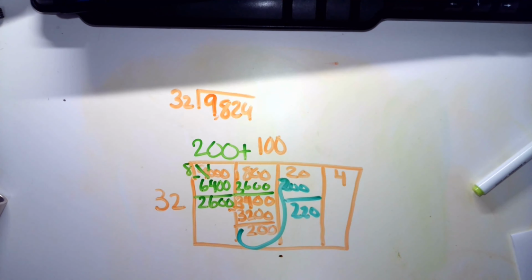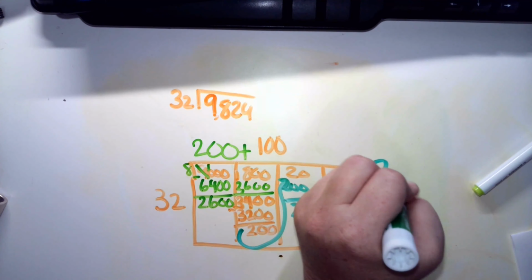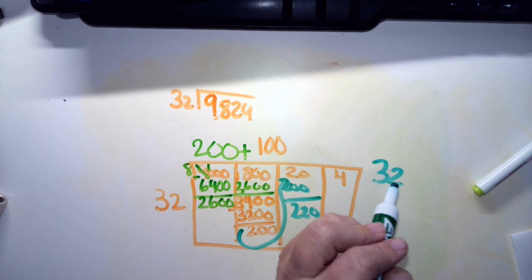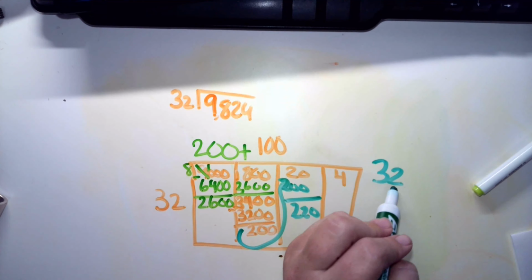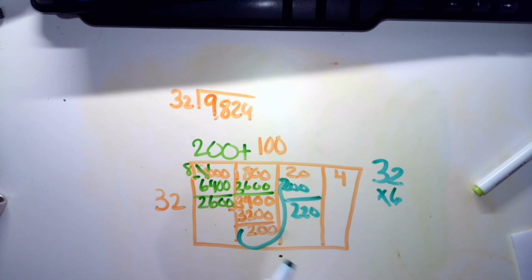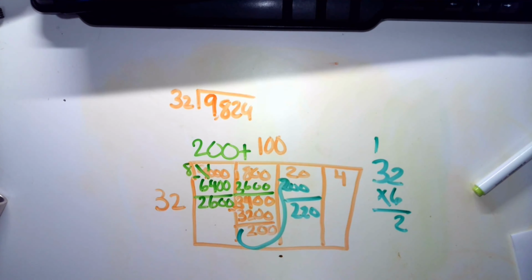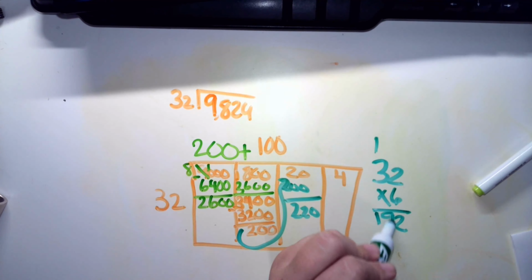So I'm going to take 32, and I'm going to multiply it. Let's see if I did it by 6. How close to 220 can I get? 6 times 2 is 12. 6 times 3 is 18. I add a 1, I get 19.